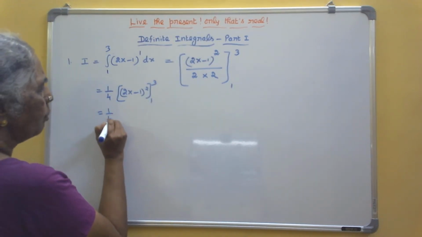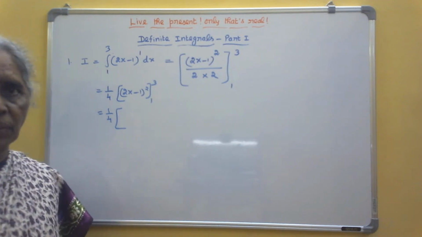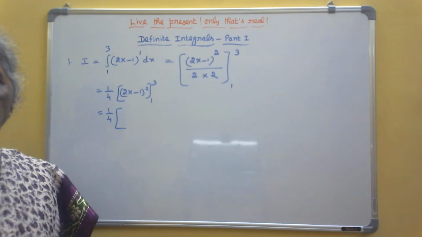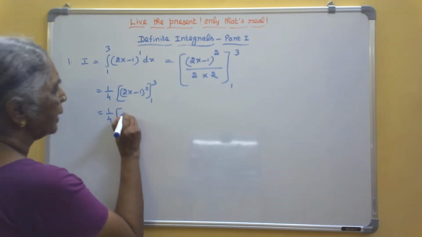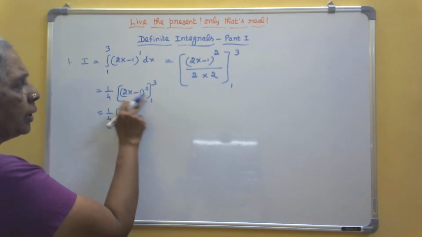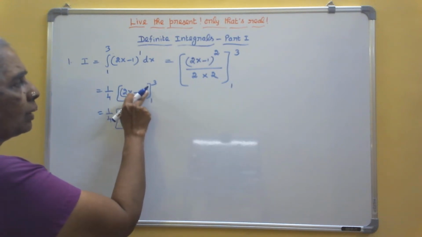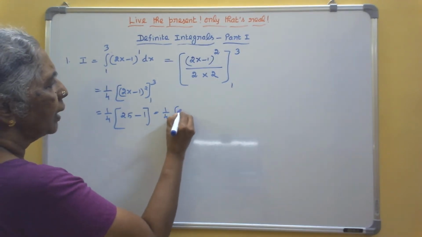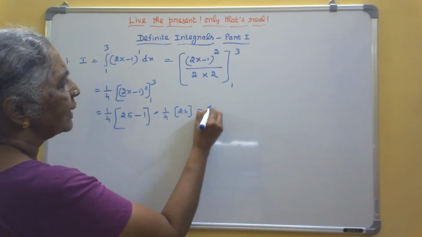So first I have to substitute the upper limit in the place of x. So 2 into 3, 6. 6 minus 1, 5. 5 squared will be 25. Okay. Minus lower limit. 2 into 1, 2. 2 minus 1, 1. 1 squared will be 1. So I will be getting 1 by 4 into 24, which is equal to 6.